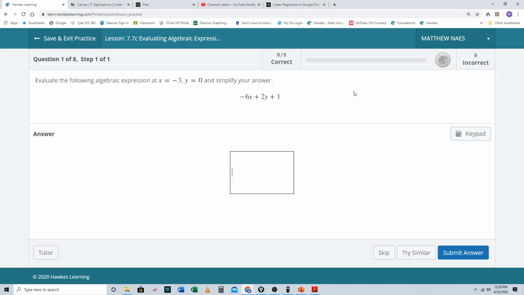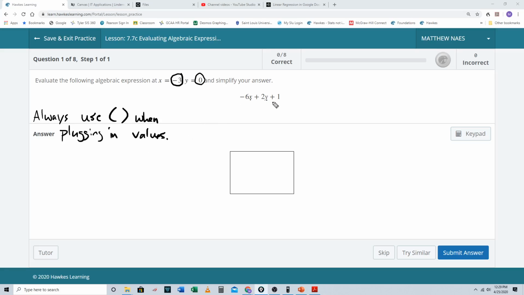What they want us to do here is plug in numbers for our variables. So we have a -3 that's going to go in for x, and we have a 0 that's going to go in for y. Now the rule here is always use parentheses when plugging in values.